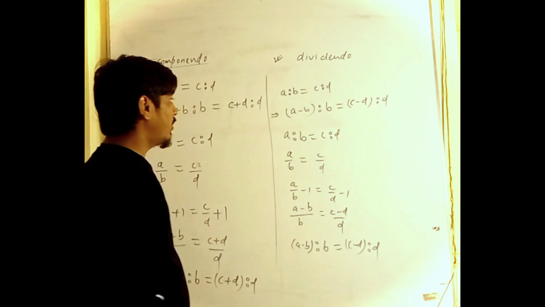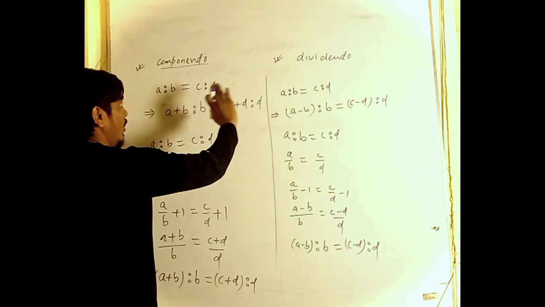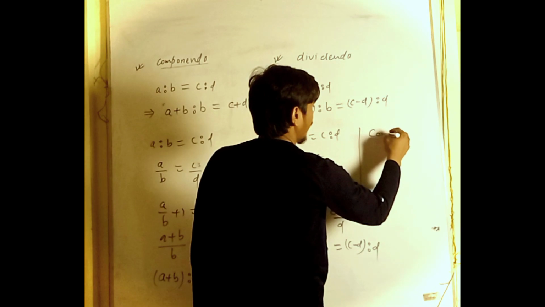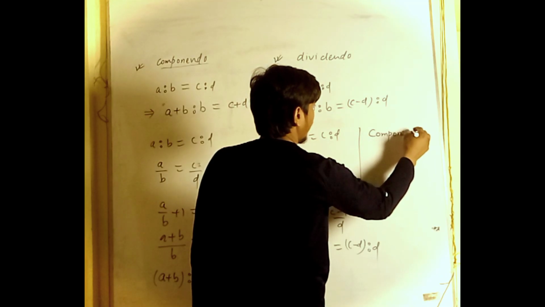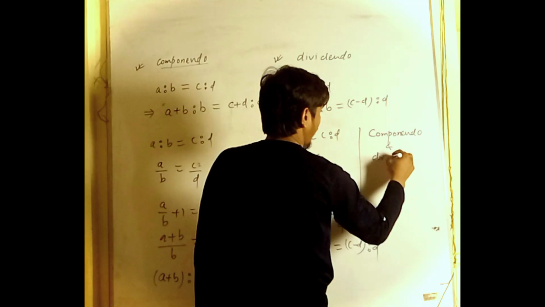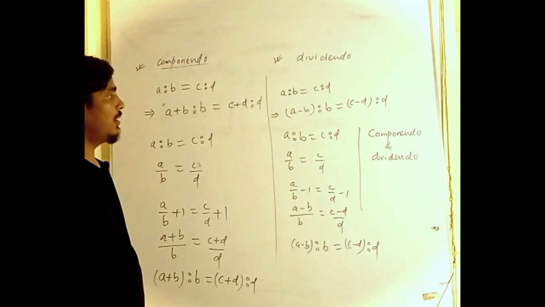Now we have combined properties based on both of these, which we call componendo and dividendo.